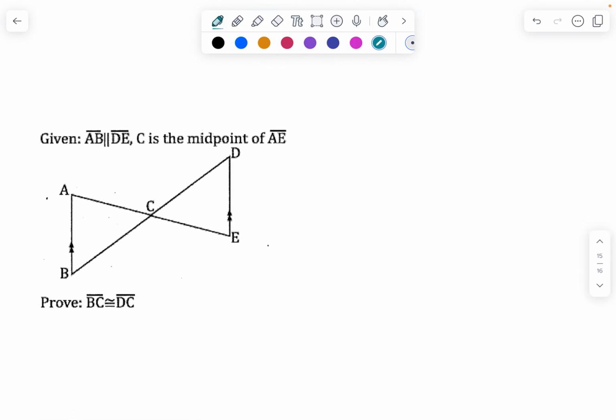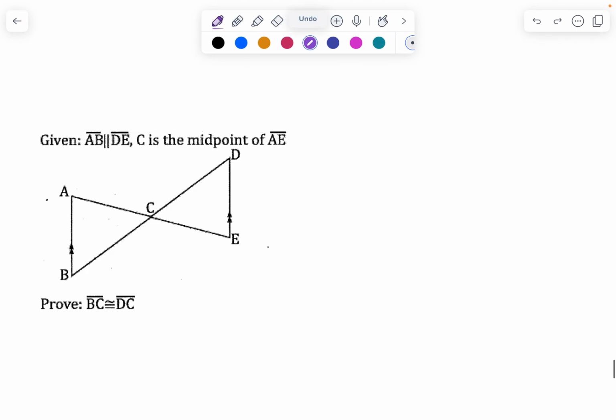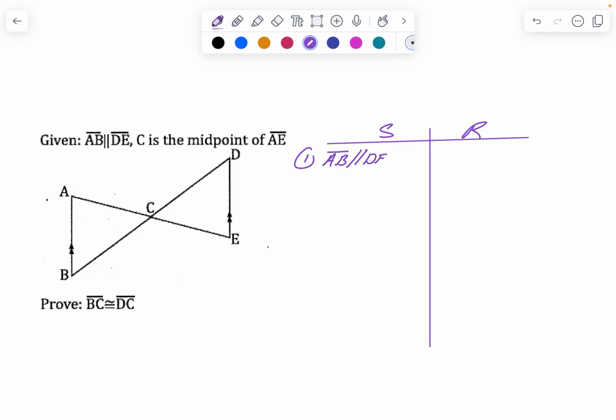And finally, let's try that again. Finally, we have AB parallel to DE, and C is the midpoint of AE, given.